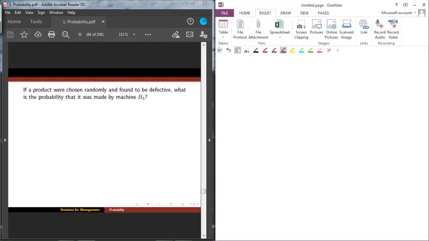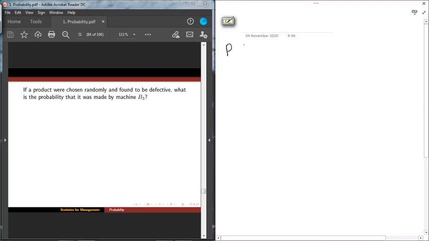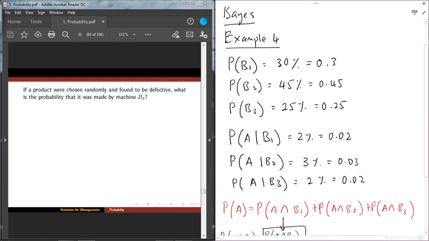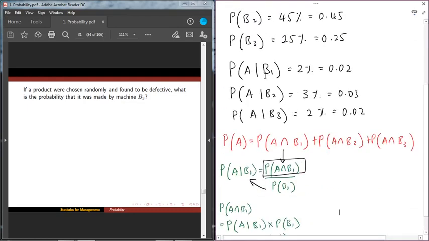In the previous one, in the conditional probability, they say B1 happened first, and then they ask for the probability of A. B2 happened first, and then they ask for the probability of A. And B3 happened first, and then they ask for the probability of A. Now the question is the other way around.